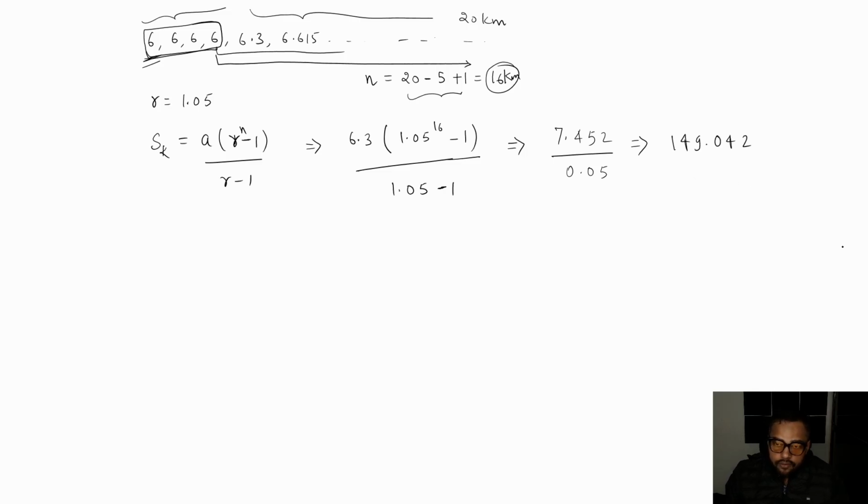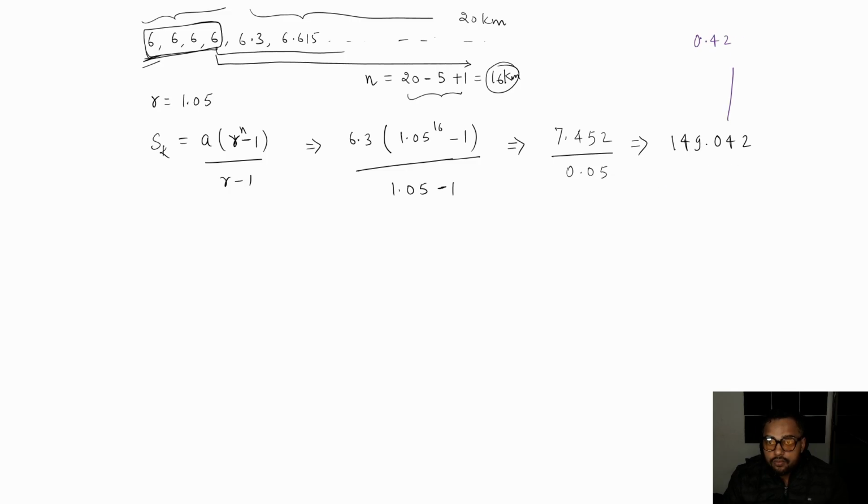Again, 149.042 can't be treated as a time. So 149 minutes is possible, but for 0.042, students, we need to convert it into seconds.